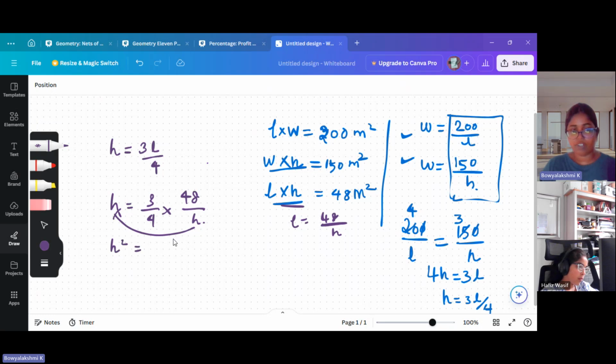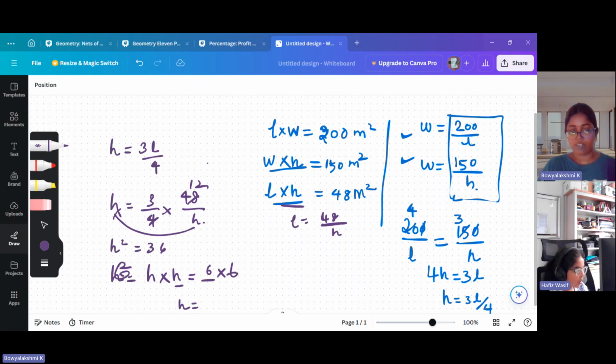H square is equal to 12 times 3, and you will get 36. So H square means H into H, right? 36 means 6 into 6. So my H is equal to 6. H is height and height equals 6. Got it?